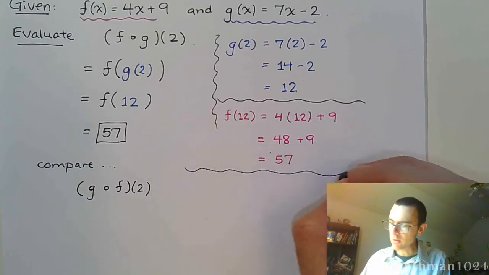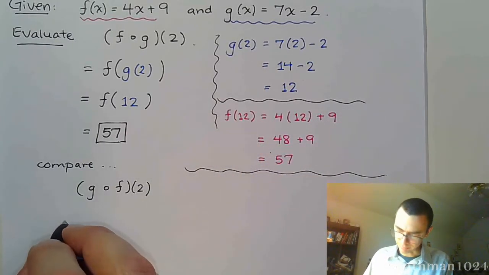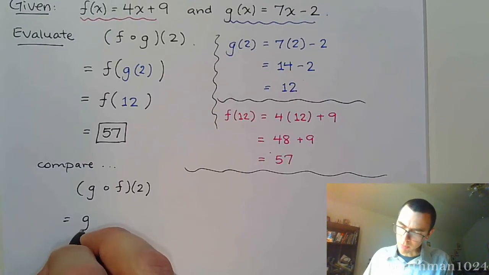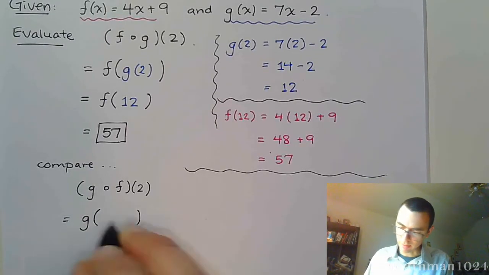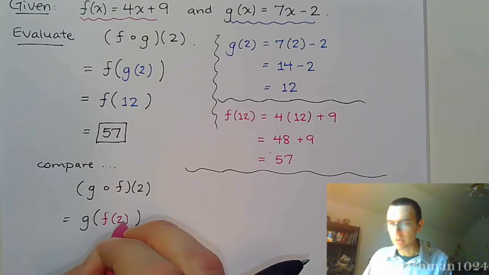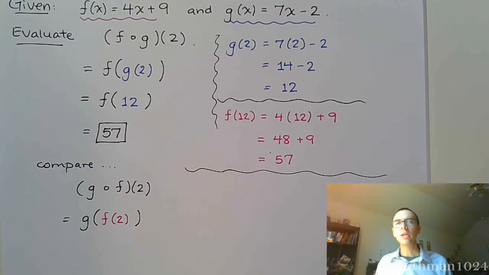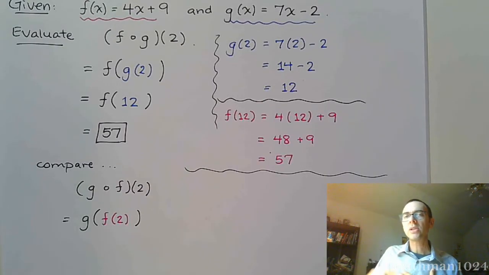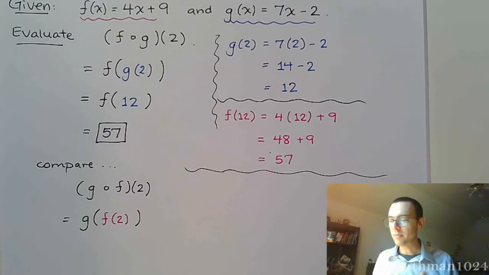So g of f of 2 means g of f of 2. So here in this problem, g is the one who's playing the waiting game, right? 2 gets plugged into f first, so f does whatever he does as a function, and then once f is done with it, he passes it along to g.